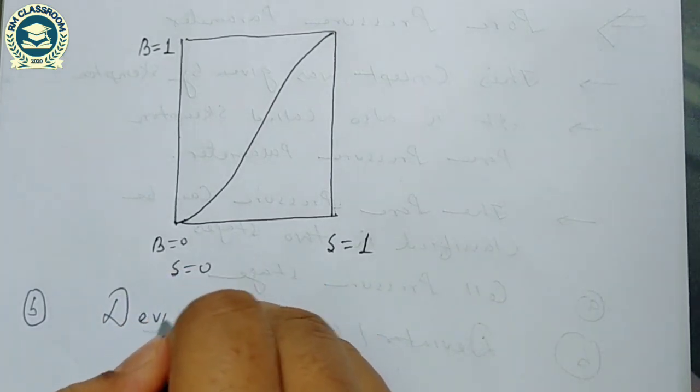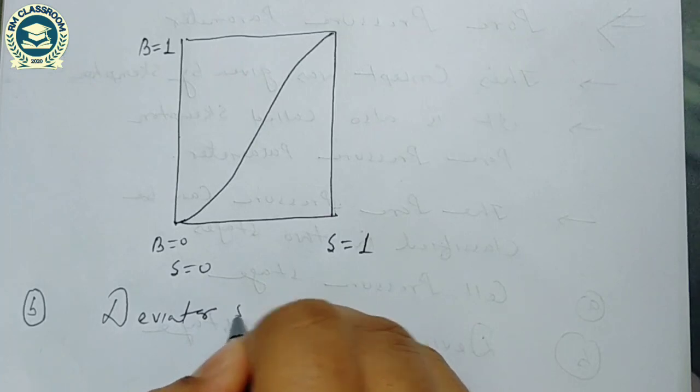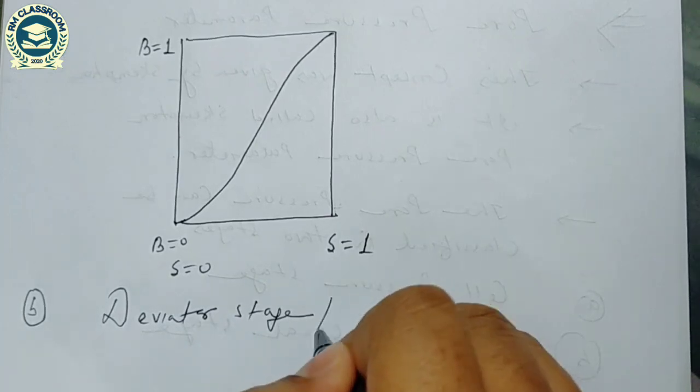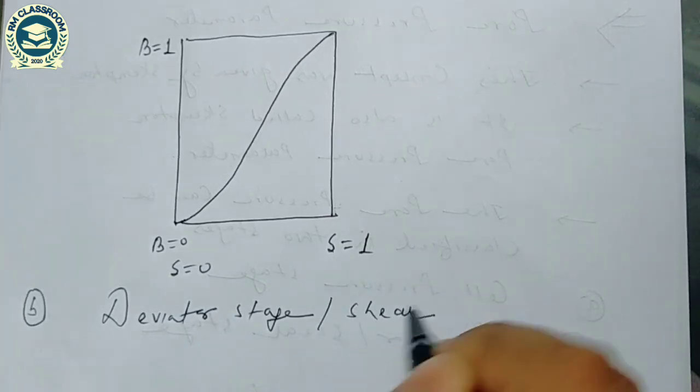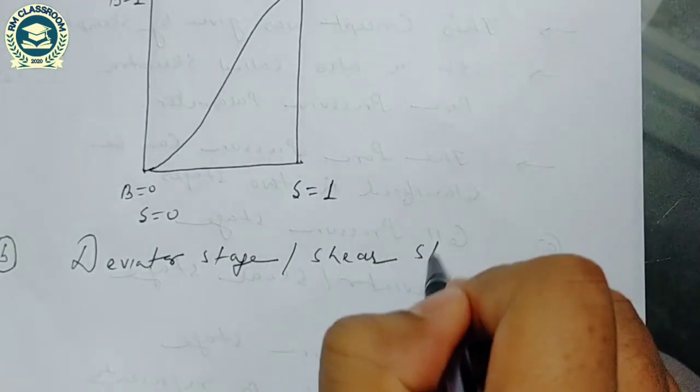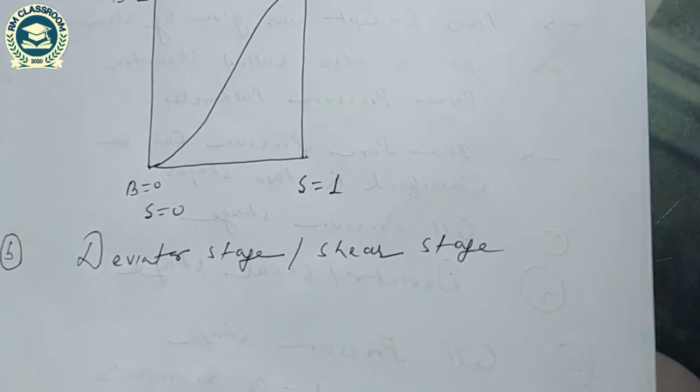So the second stage is the deviator stage or shear stage.